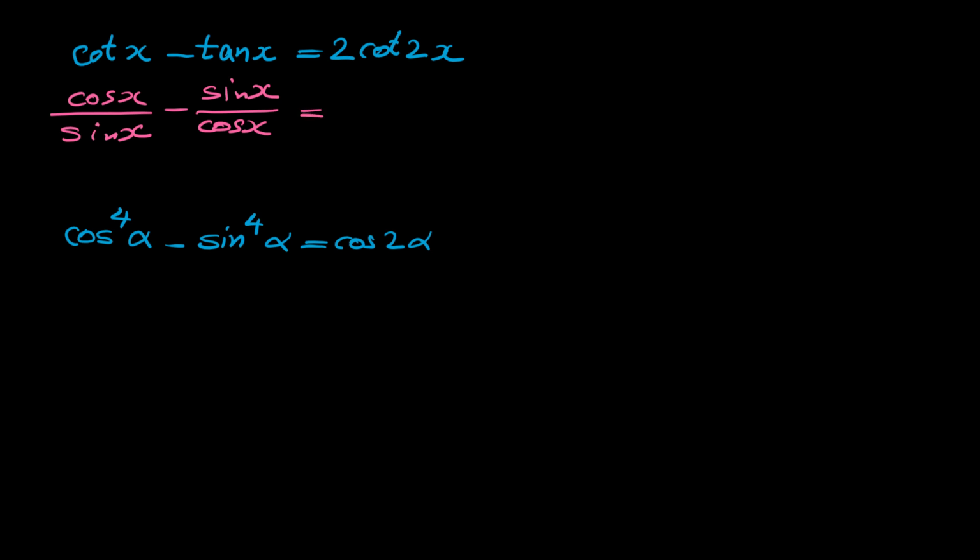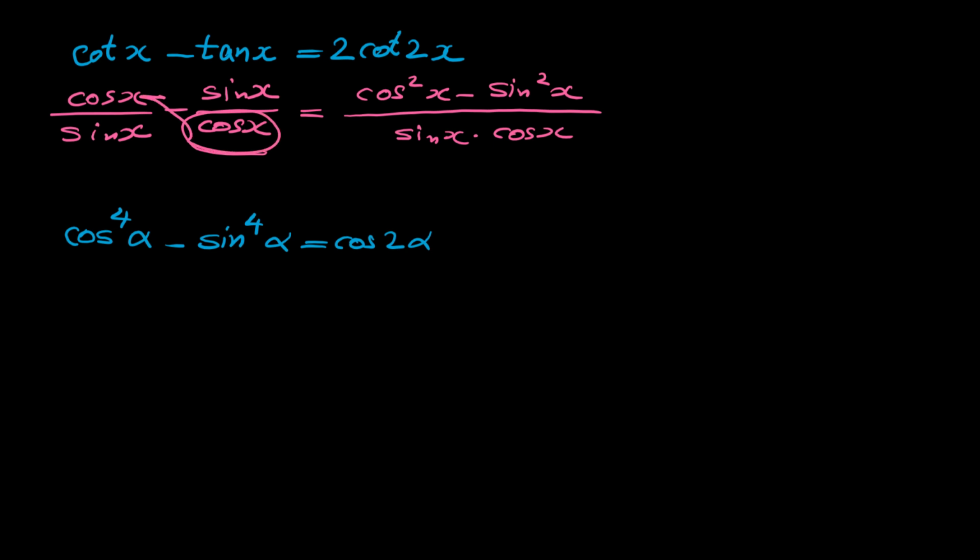We do a common denominator here again, similar to the previous question. The common denominator between sine x and cosine x is sine x times cosine x. What would be the numerator? The numerator simply would be cosine to the 2 minus sine to the 2.